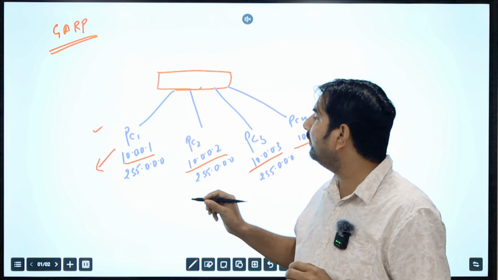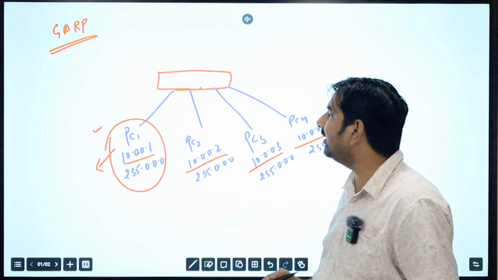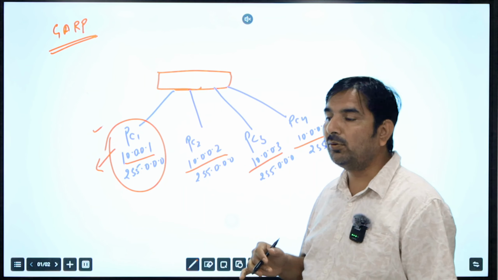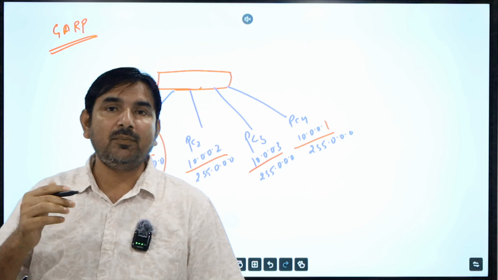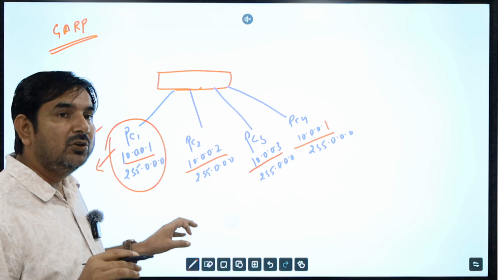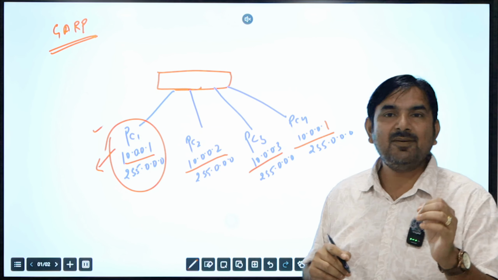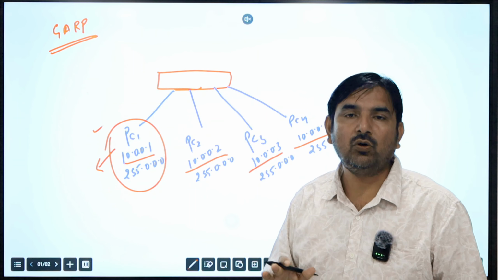Once you configure the IP address, since it's Ethernet technology, that PC will automatically broadcast a message in the same broadcast domain, and that message will be a GARP. What is the purpose of that GARP message? To just verify whether the same IP address is in use or not.